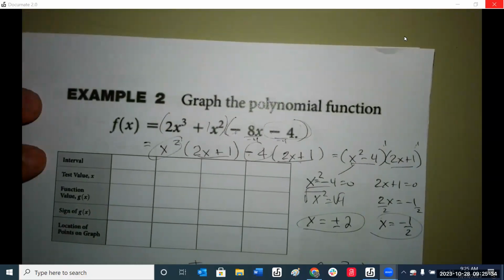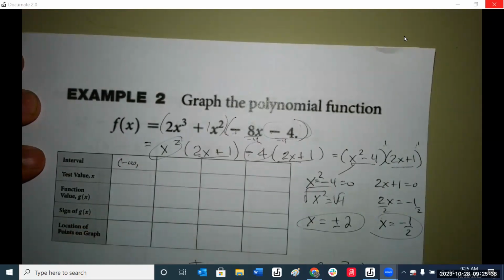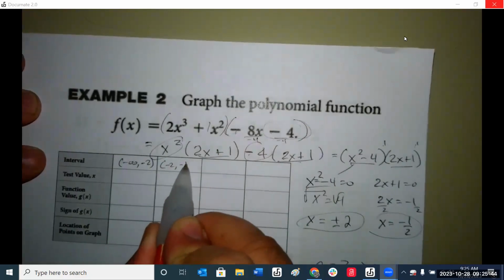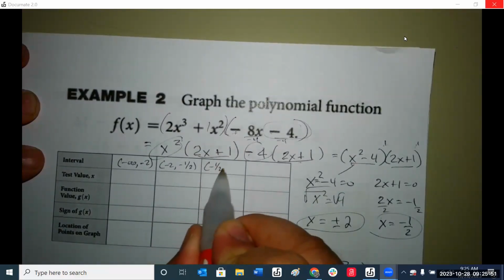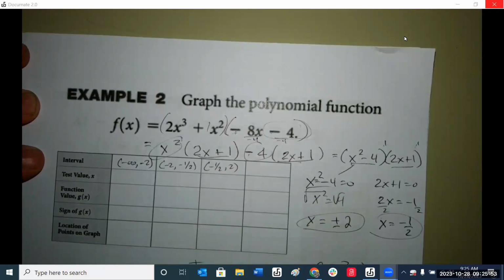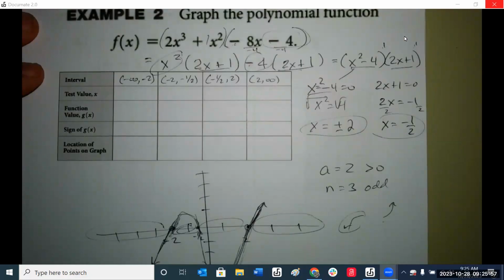So what we look at here is, first, from negative infinity to negative 2. From negative 2 to negative 1/2. From negative 1/2 to 2. And from 2 to infinity. Those are the x values.